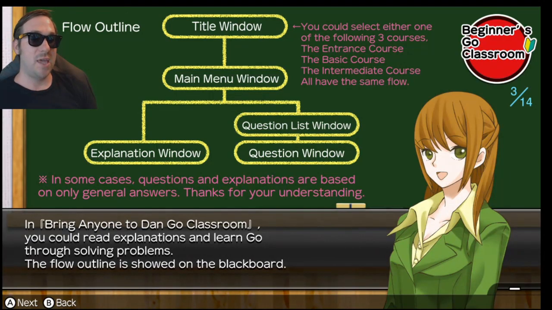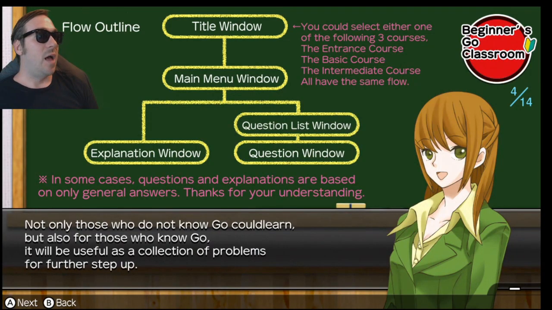Okay, so Go is a game of both logic and strategy, and so that's why I guess the education of it comes in a dialectic kind of formation, problem, Go problems, if you will.